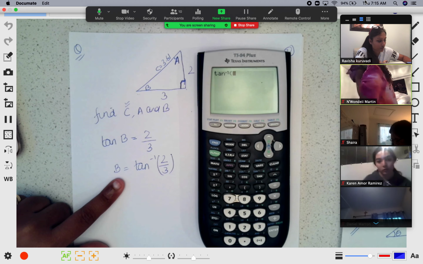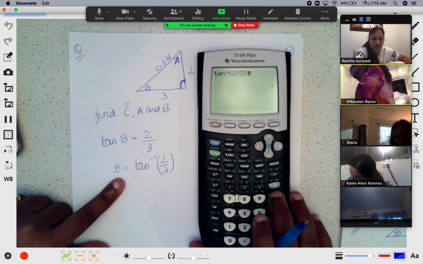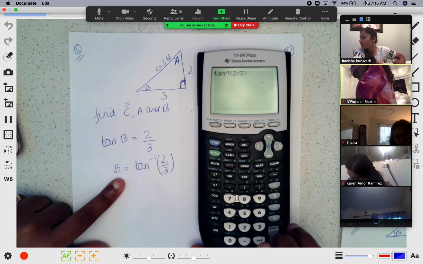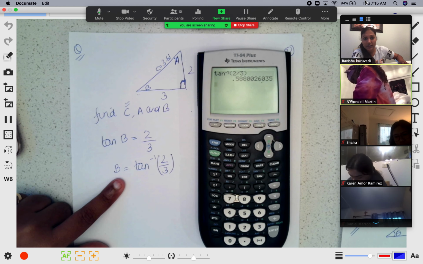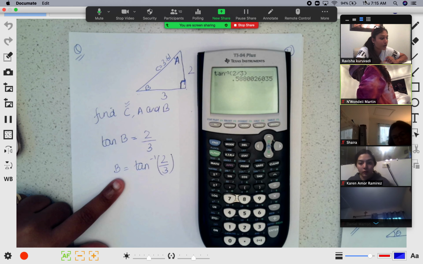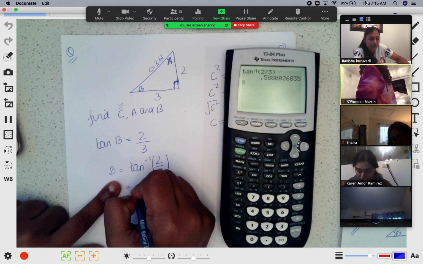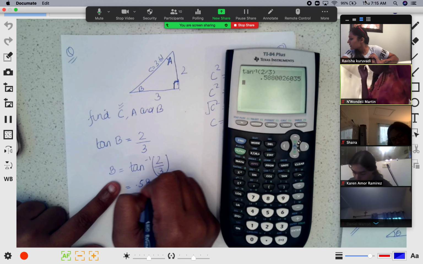And in brackets you write 2 divided by 3. And press enter. So you will get 0.588. You got this thing.